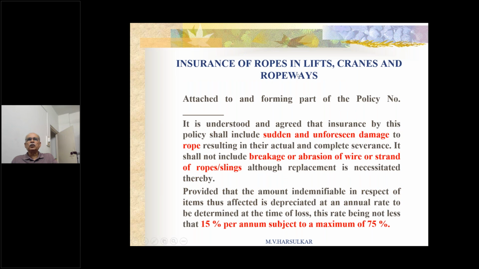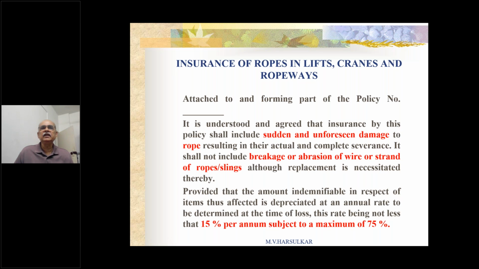Then insurance of ropes in lifts, cranes, and ropeways. Now, these ropes and all this thing, if you see, it is the excluded part. Standard exclusion under master breakdown policy. However, these are covered by this endorsement. So if this endorsement is not attached to the policy, ropes is one of the standard excluded parts.